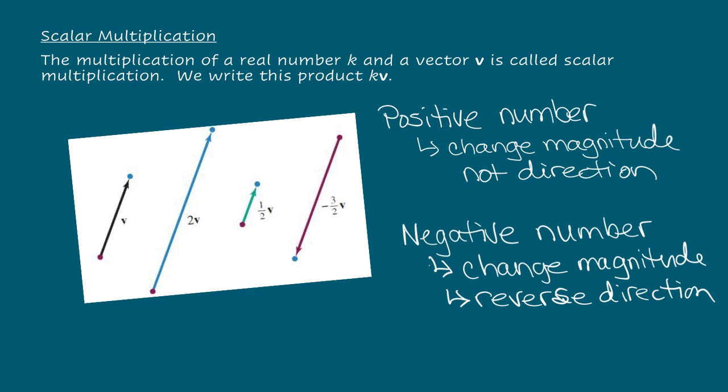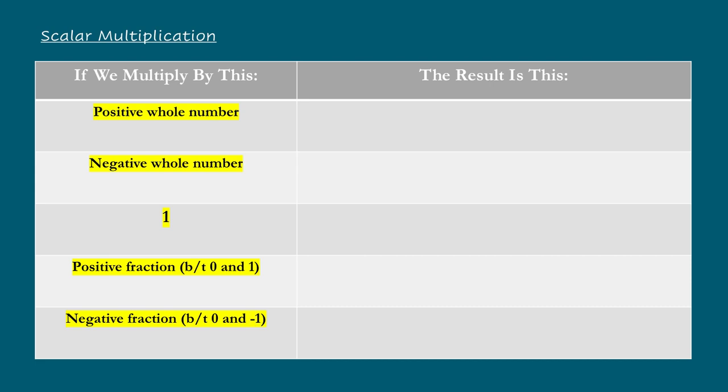So let's go ahead and take a closer look at what each type of number does to a vector. And let's just make a list and keep track so that we can refer to it later if we need to. So when I'm multiplying by a scalar, if I multiply times a positive whole number, then I'm going to produce a larger vector in terms of magnitude.